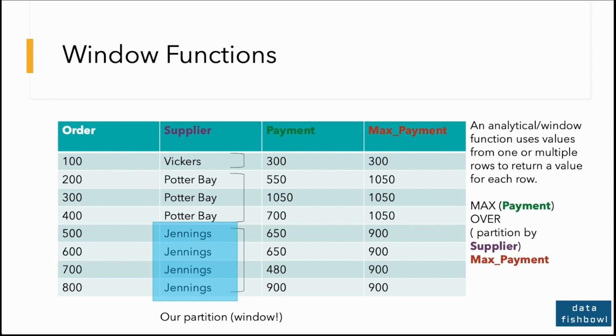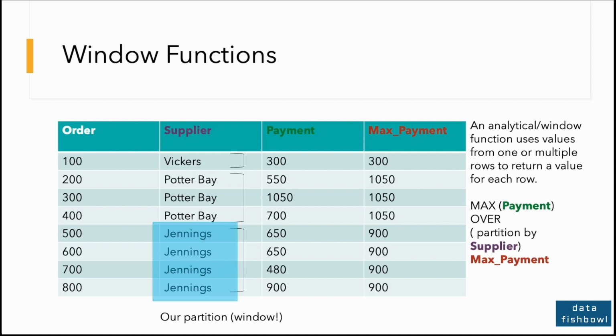Supplier number one we've got is Vickers. There's only one payment made to it, so the maximum payment that's been made to Vickers is £300. The second supplier we have is Potter Bay. Potter Bay has three payments of 550, 1050 and 700. Now, if you look at that entire window of data, the largest amount paid is 1050.